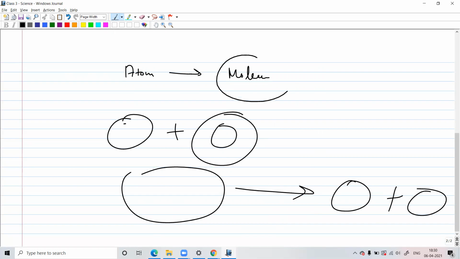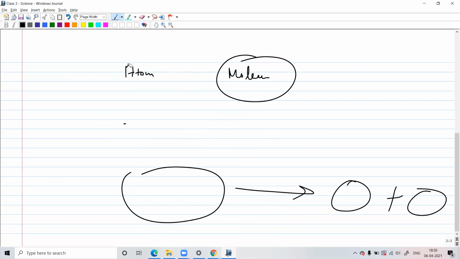So these molecules take part in chemical reactions. Which is what we are going to start now. We are going to talk about what it means to say that there is a chemical reaction taking place. Yeah. Start with chemical reactions.